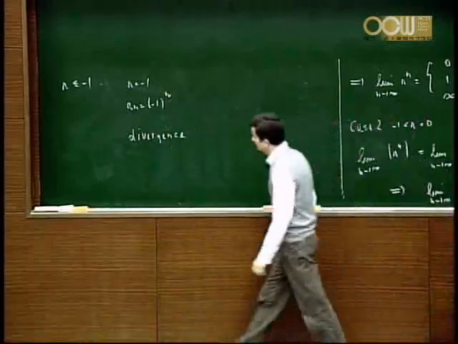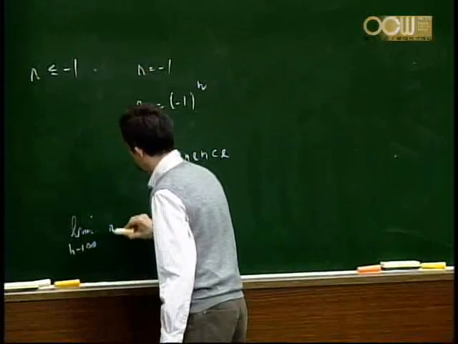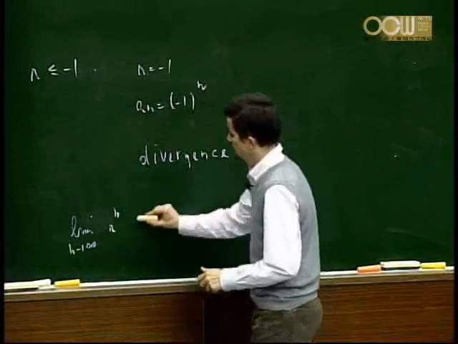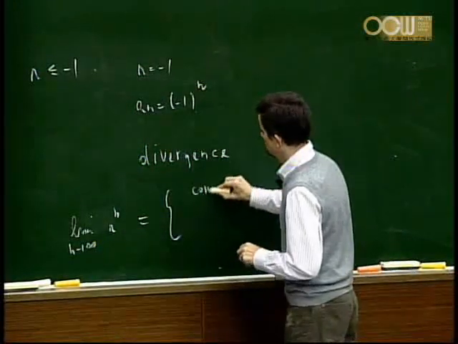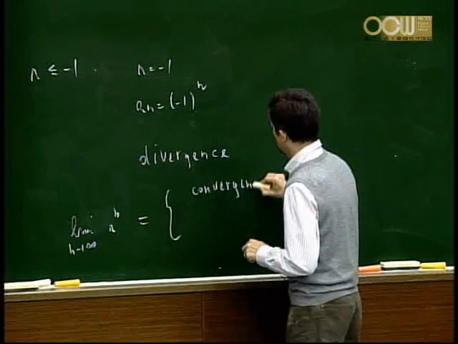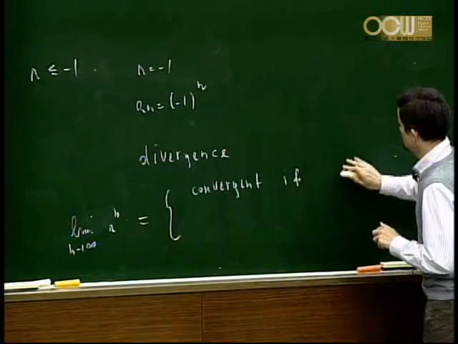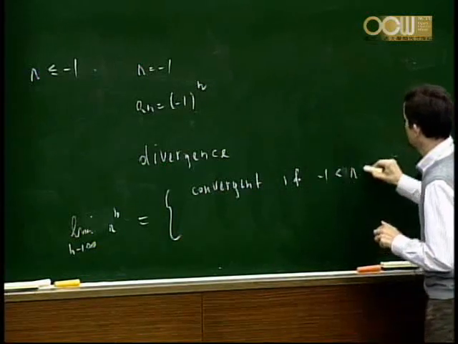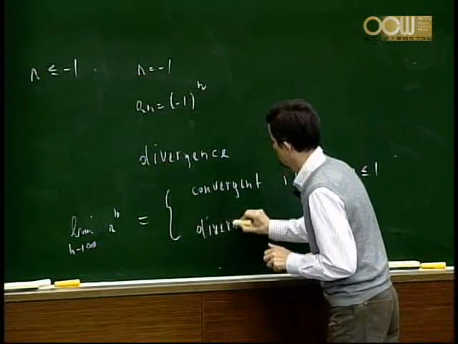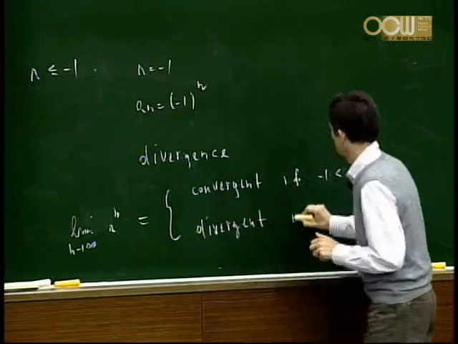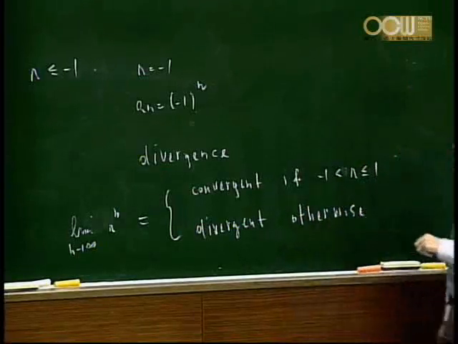So in order to summarize, the limit as n tends to infinity of r to the n is convergent if r is larger than minus 1 and smaller or equal than 1, and divergent otherwise.